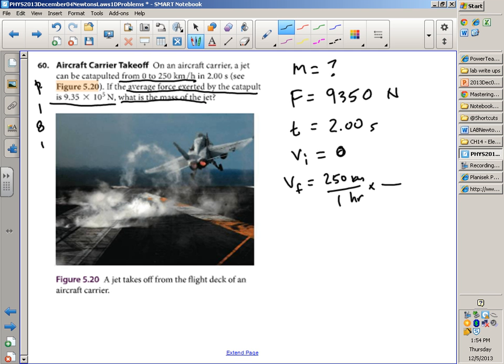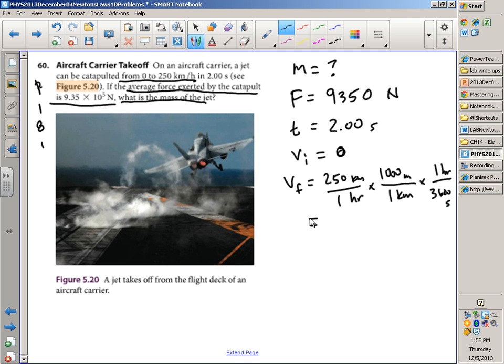So I'm just going to do a little conversion. 1 kilometer on the bottom, 1,000 meters on the top, and 1 hour on the top here, 3,600 seconds on the bottom. I won't ask you to do that on the quiz, but all I did was convert my kilometers per hour into meters per second.